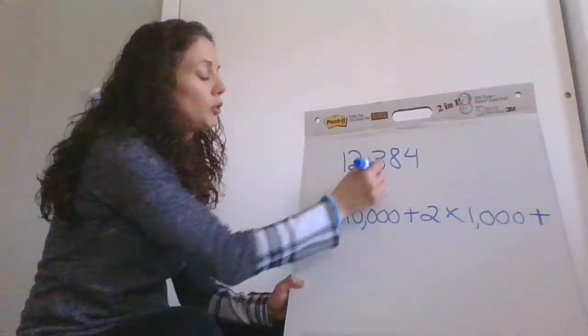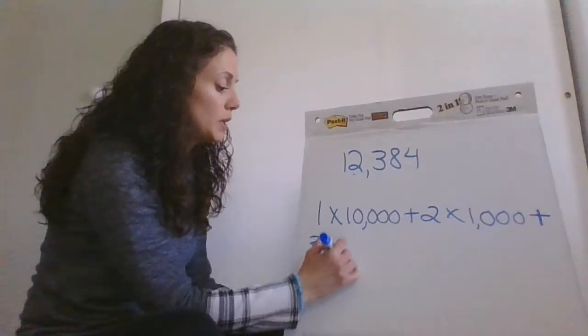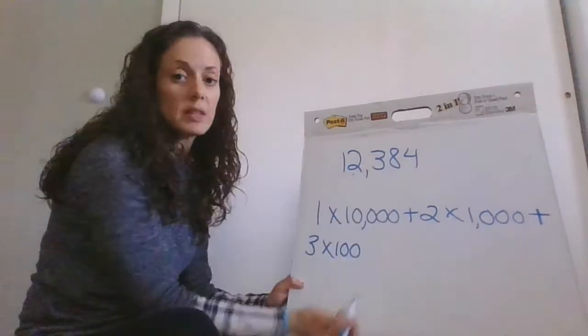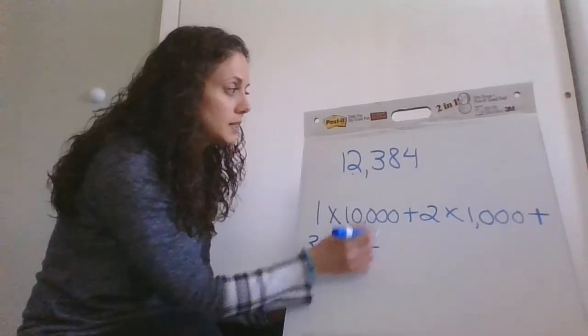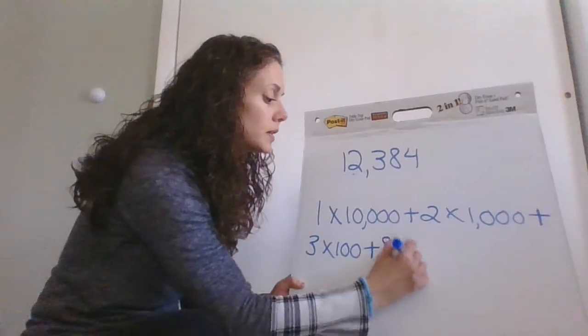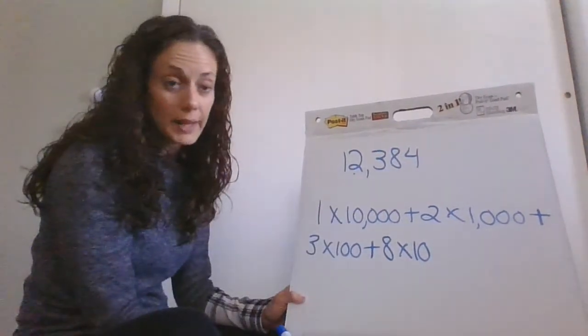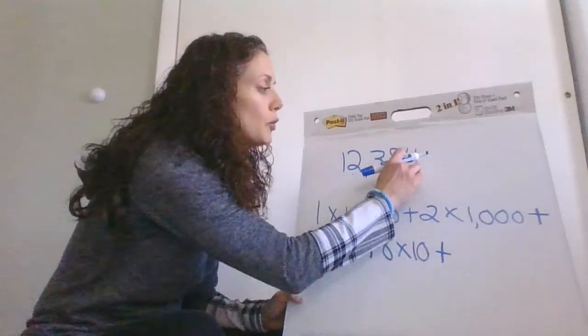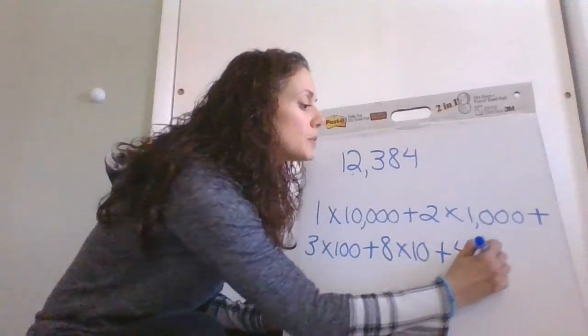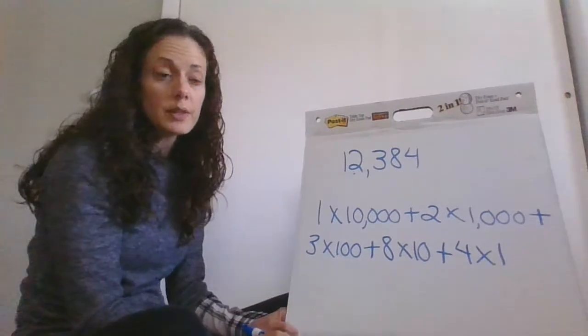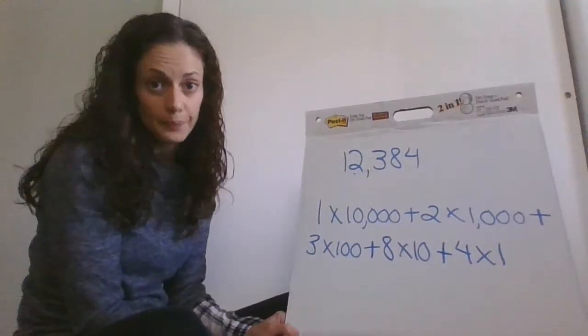Then we add 3 times 100, because the 3 is in the hundreds, plus 8 times 10, because the 8 is in the tens place, plus 4 times 1, because the 4 is in the ones place.